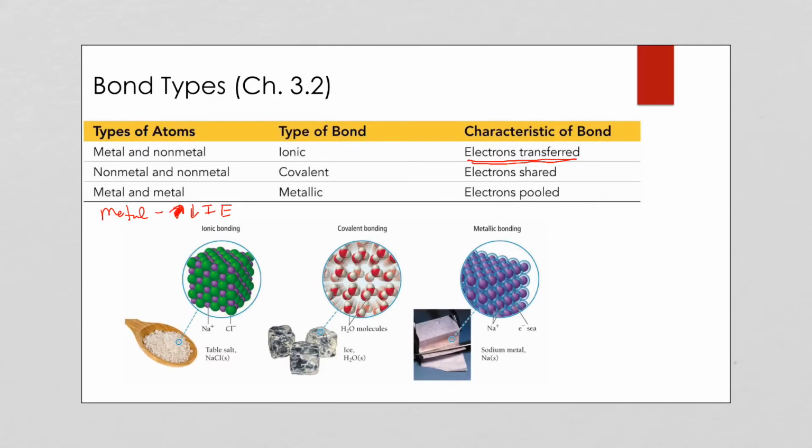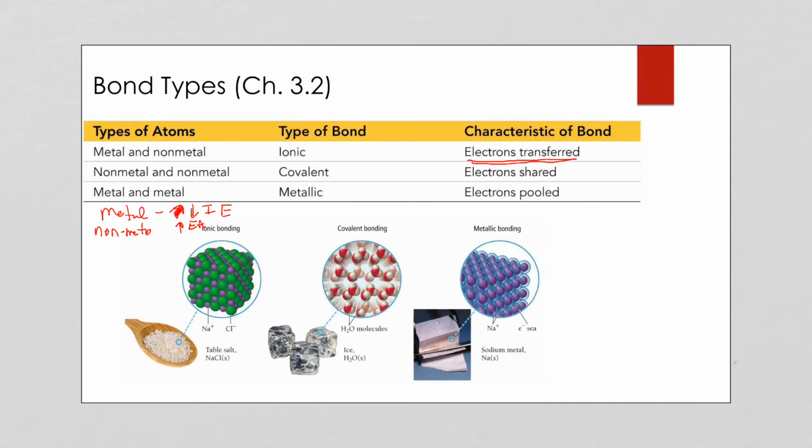So they really want to lose electrons. Nonmetals have a high electron affinity, meaning they want to gain electrons. And so we have this balance of metals that want to lose, nonmetals that want to gain.